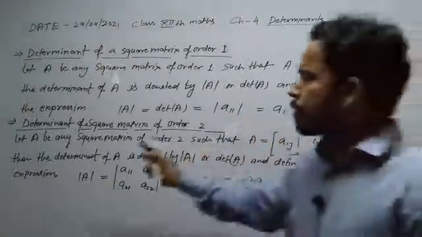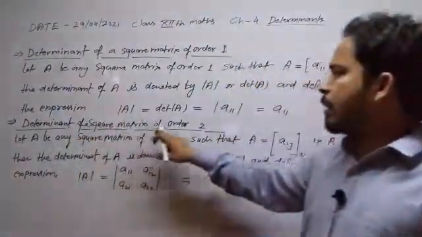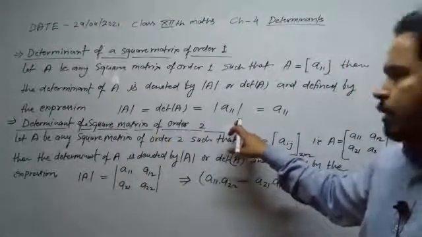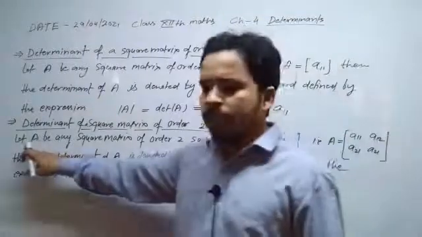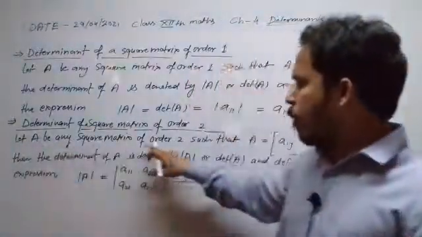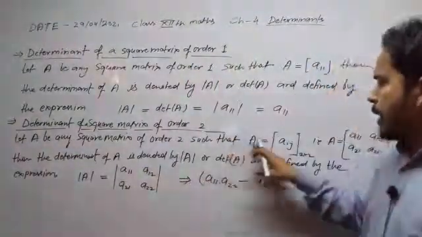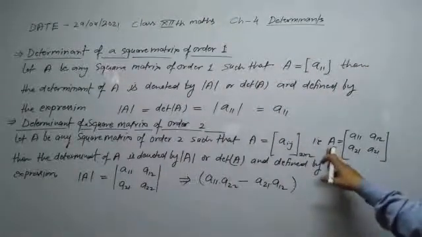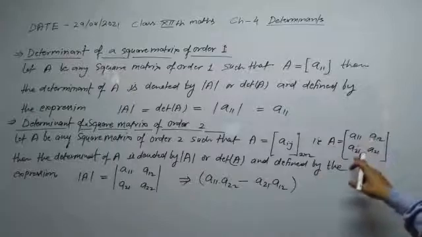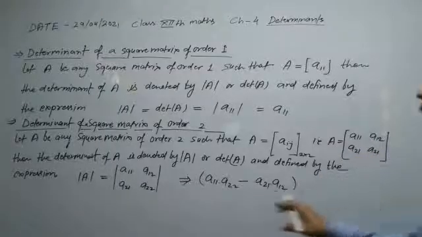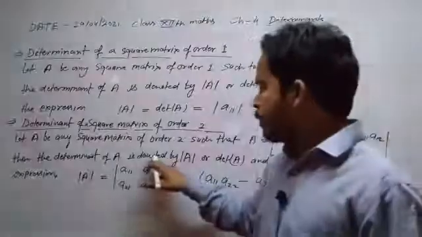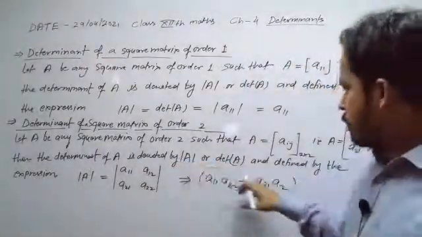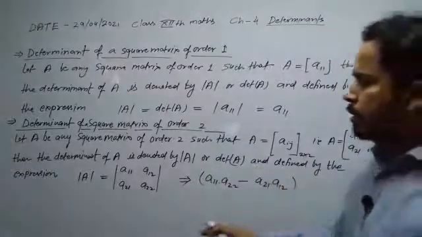Similarly, determinant of a square matrix of order 2. Order 2 means it will contain 4 elements. Consider a square matrix of order 2 such that A is equal to Aij of order 2 cross 2, that is A is equal to A11, A12, A21, A22. Then the determinant of A is denoted by det of A and defined by the expression.